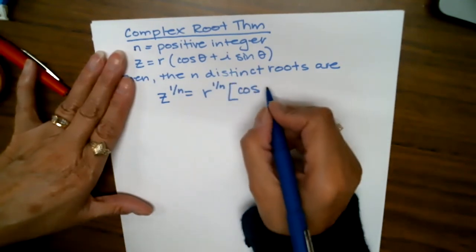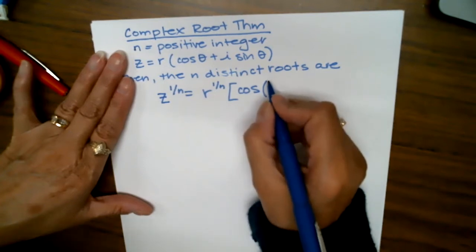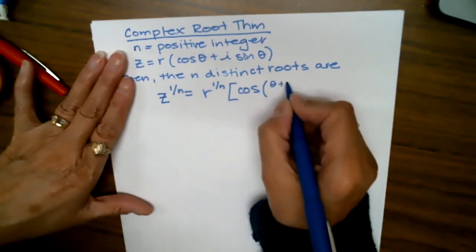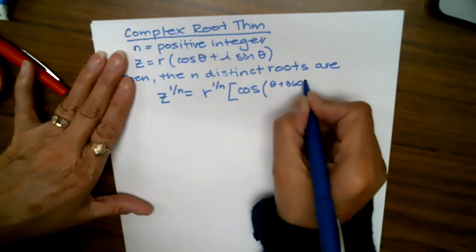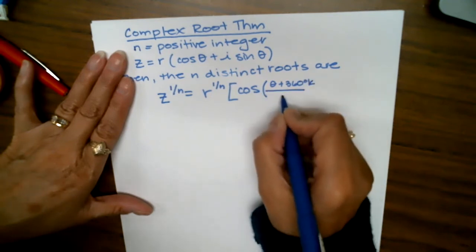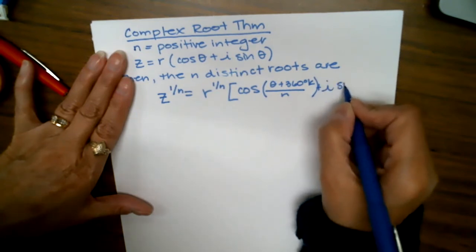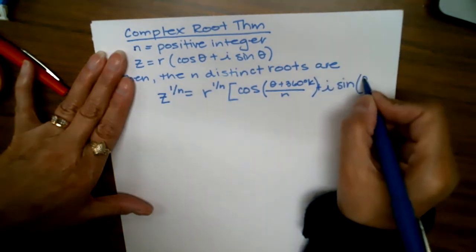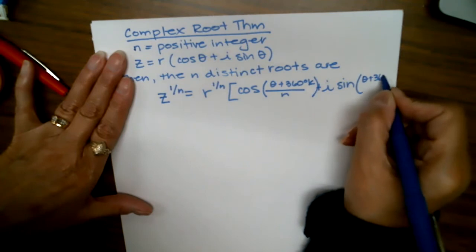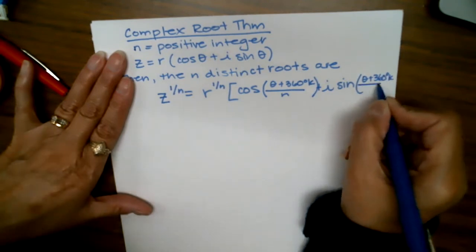This is going to look really scary at first, but don't worry, we'll figure it out. Of theta plus 360 degrees k all over n, plus i sine of theta plus 360 degrees k over n.